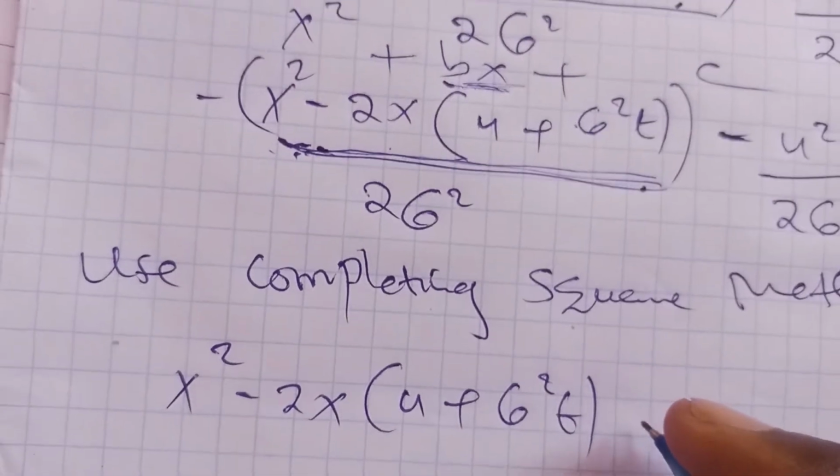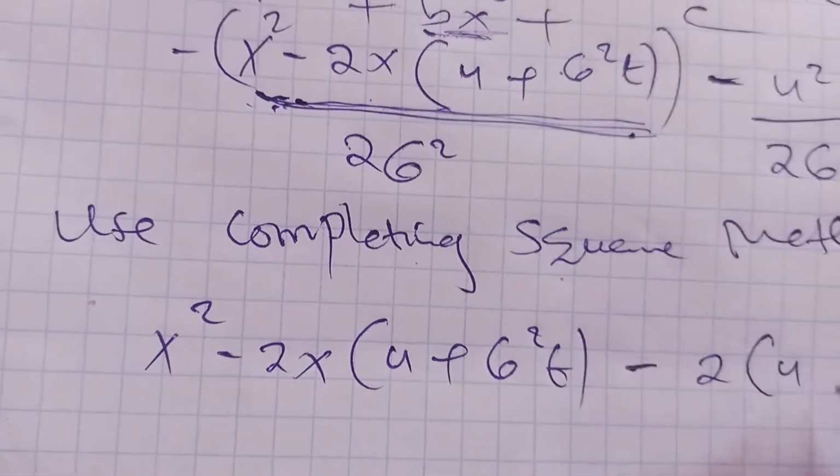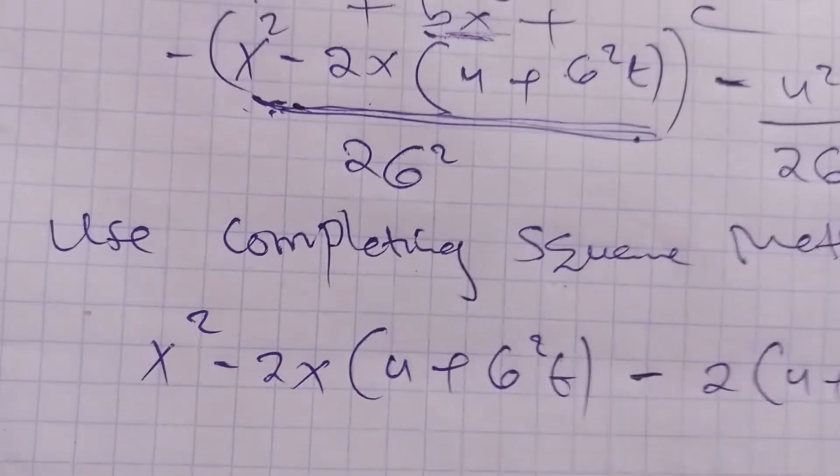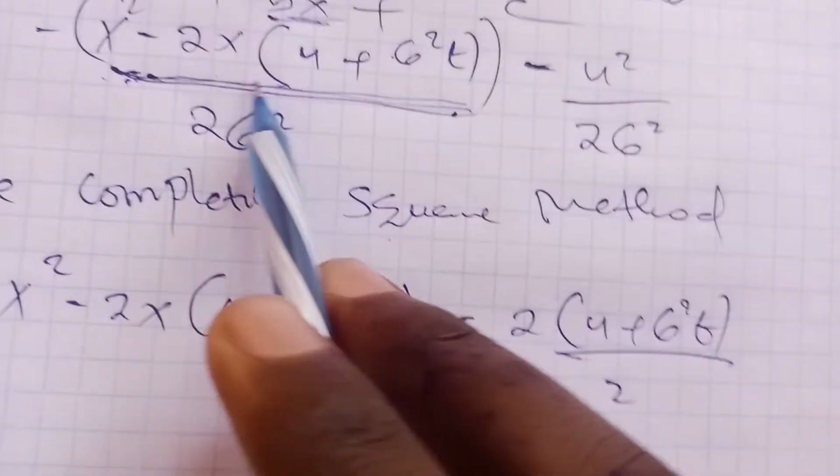Then you can add (2 (u plus sigma squared t)) divided by 2 because this one is b.